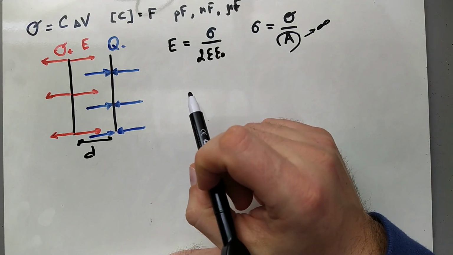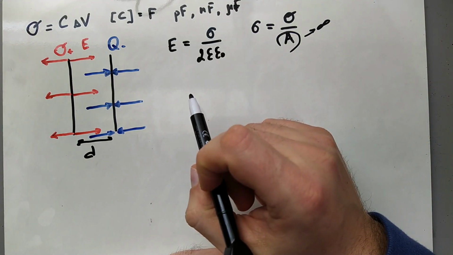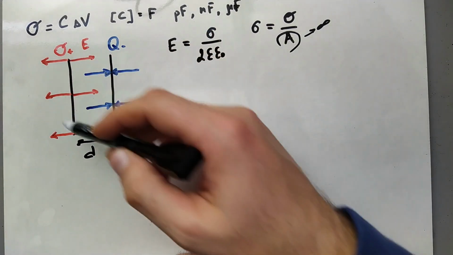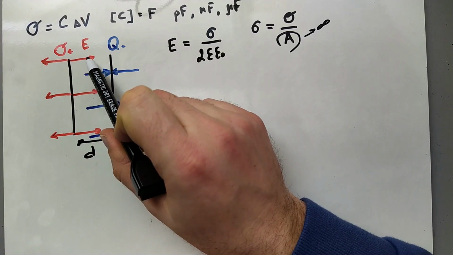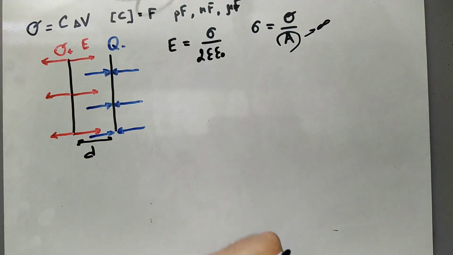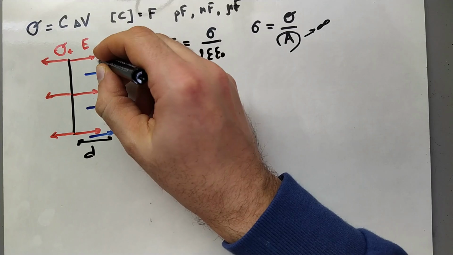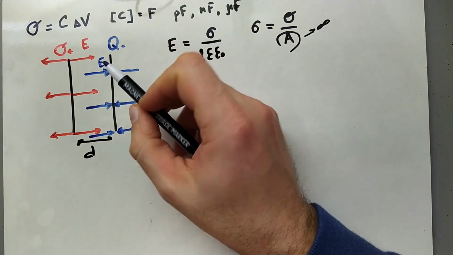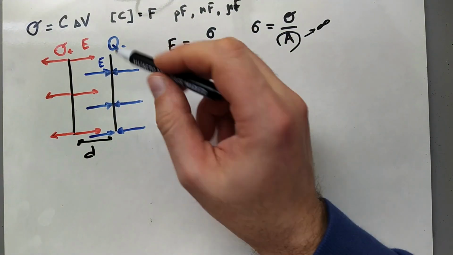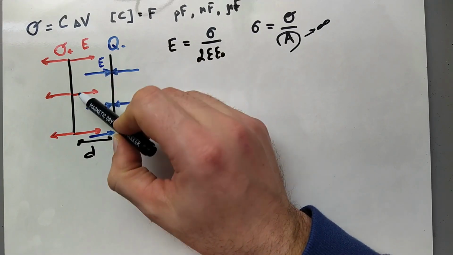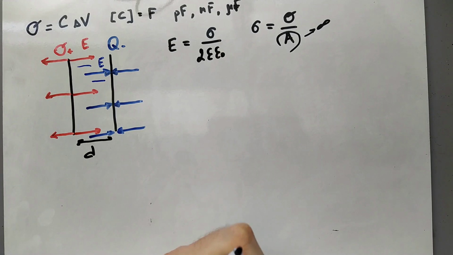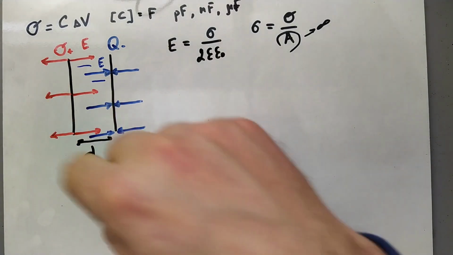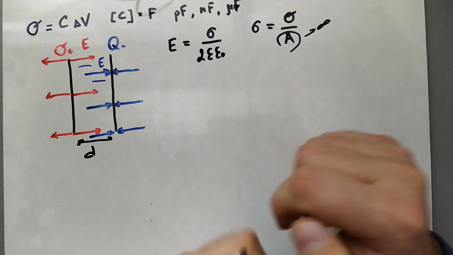Now let us look at this schematic, and we will see that the electric fields created by the positively charged plate and the negatively charged plate have the same direction inside the space between these two parallel plates.